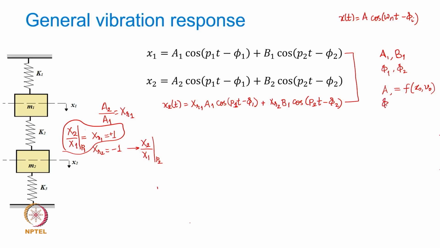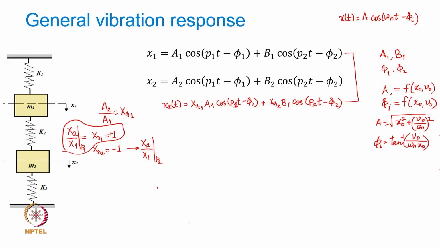Whereas phi, which we write as an initial phase lag, was also a function of x naught and v naught. If you recall, the amplitude A was the square root of x naught square plus (v naught by omega n) whole square, and phi was tan inverse of v naught over omega n x naught.